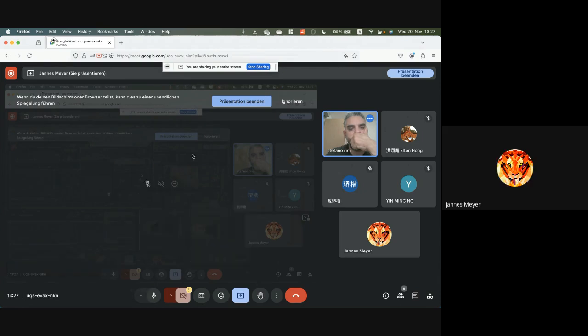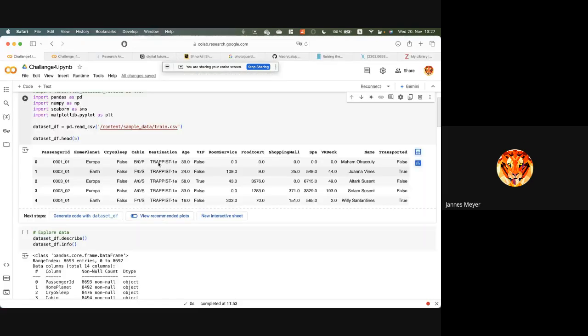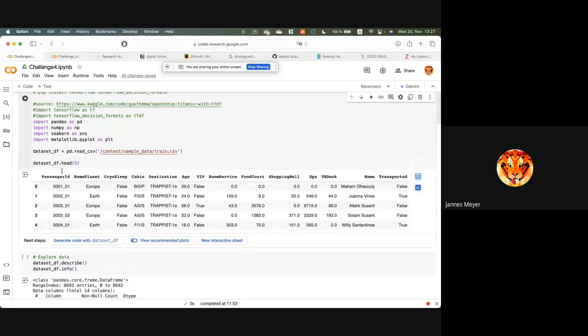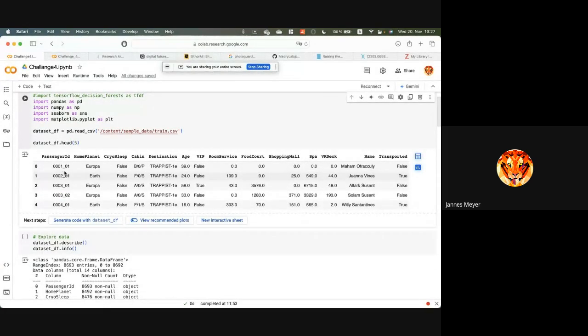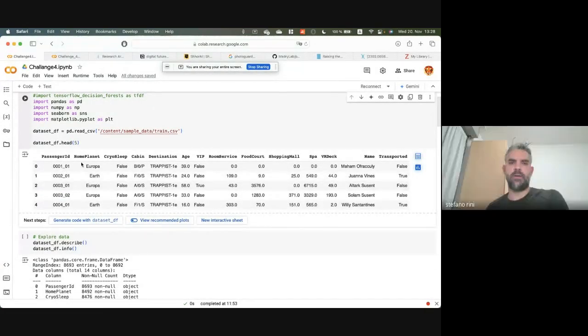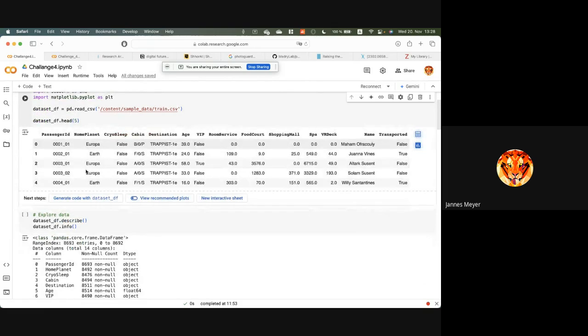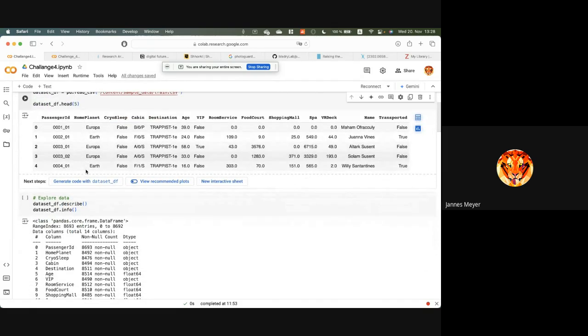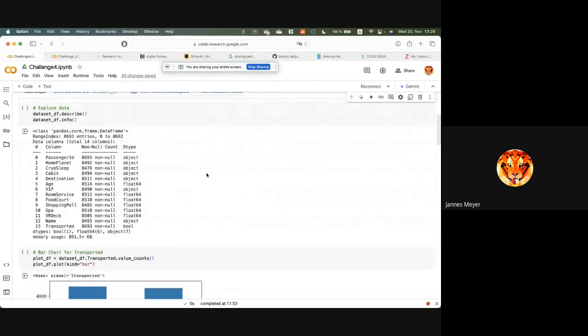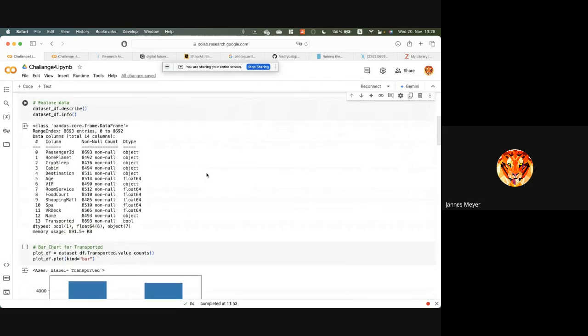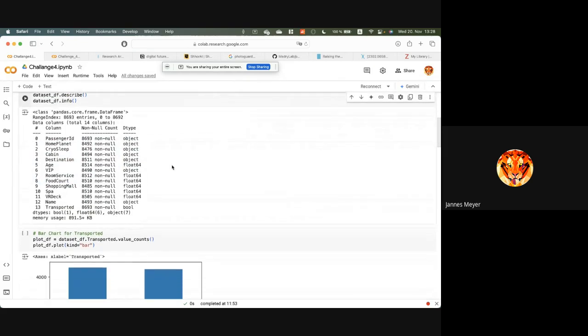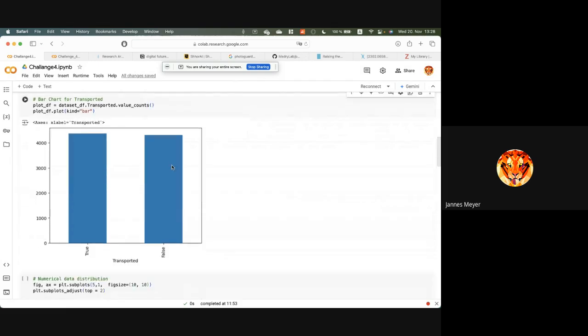Okay. So we started with some exploration of the data, as always. We got into the data set and looked at the data, normal stuff. We looked at some distributions. First we saw some null values in the data and looked at what Transported really is in the data.